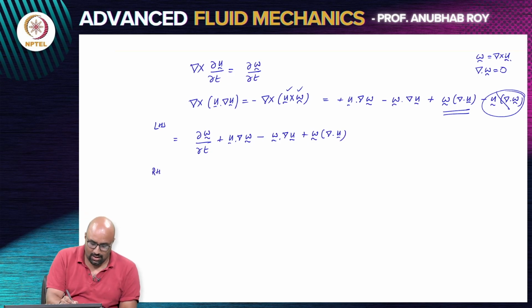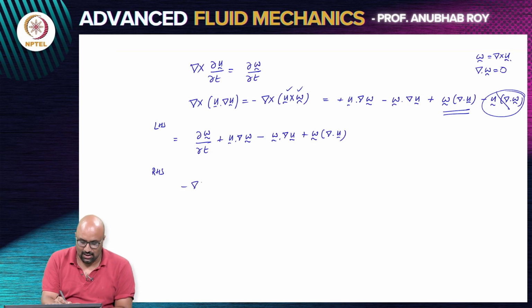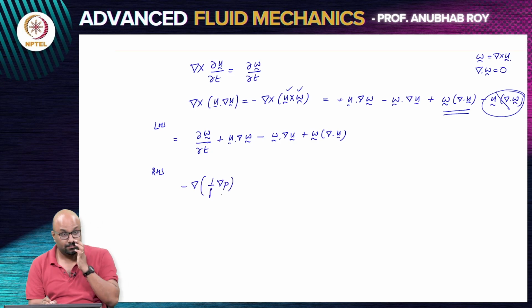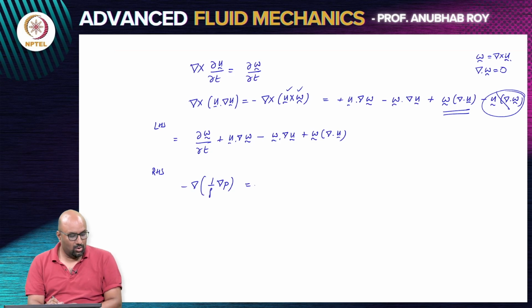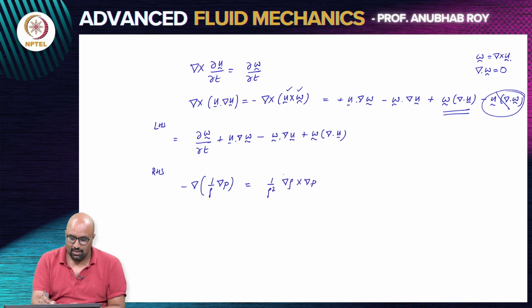And your right hand side was minus curl of 1 by rho grad p. One by rho grad p is going to be 1 by rho square gradient rho cross gradient p.